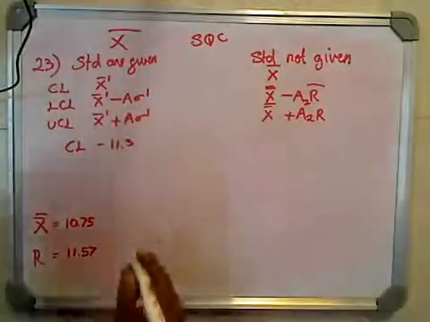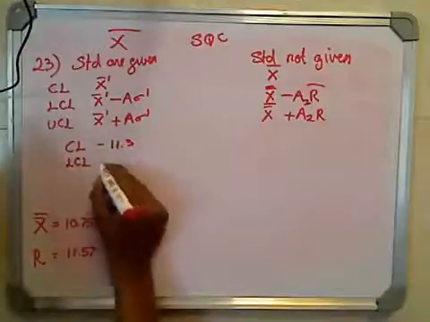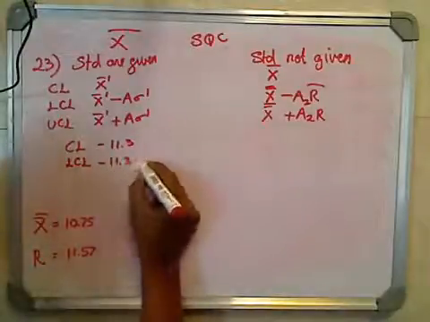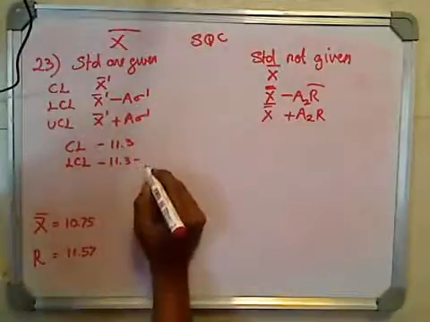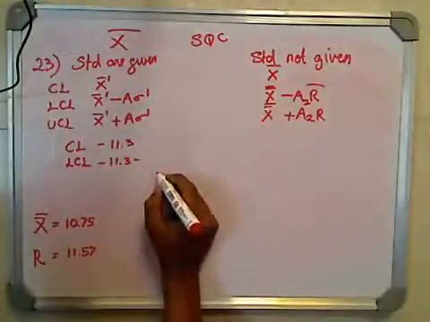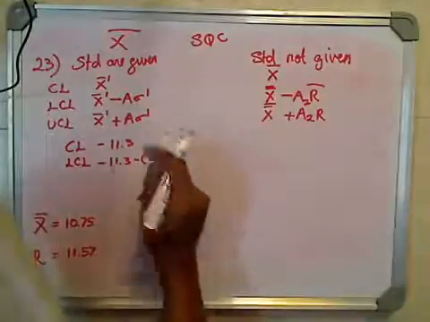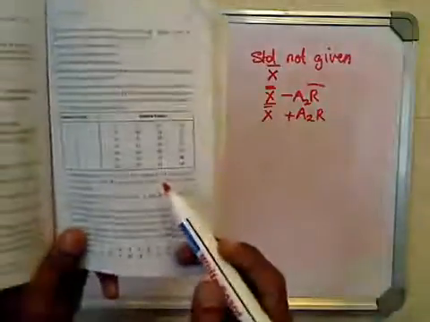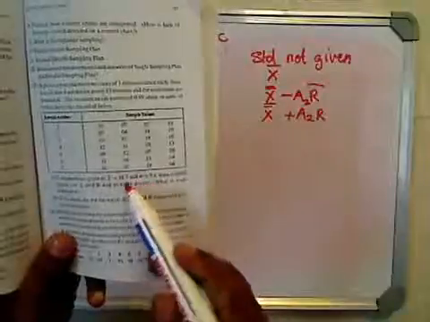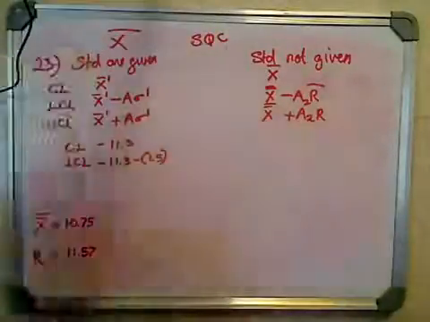11.3, and then the lower control limit, LCL, is 11.3 minus A times the standard deviation. A here is given in the book as 1.5, and the standard deviation is already mentioned in the book. Right next to the values of X, you have the standard deviation, which is 3.1.